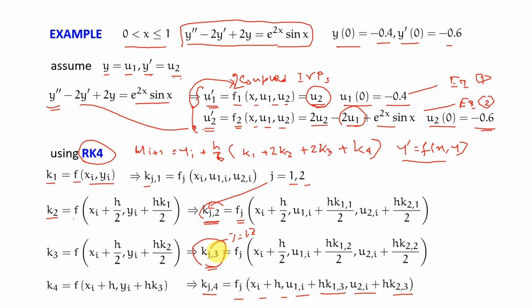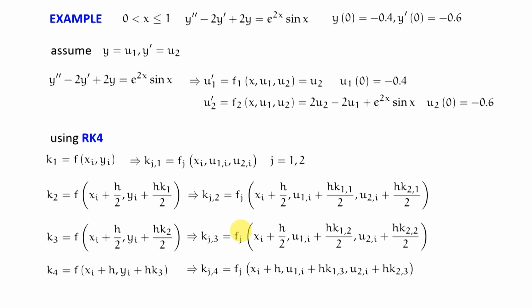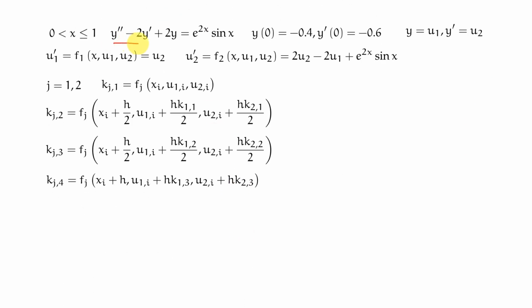So now I have all the k's calculated. We are now ready to update u1 and u2, and let's see how we will do so. Remember, this is our original differential equation, and I have broken it down into these two equations right here with two initial conditions, and we have seen how we can get the 4 k's for each equation.